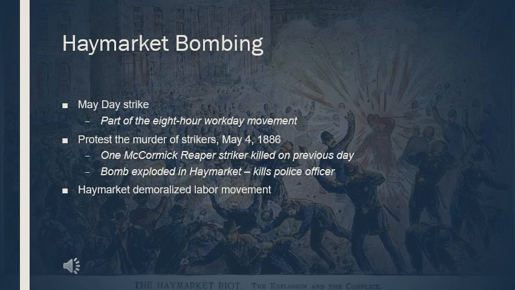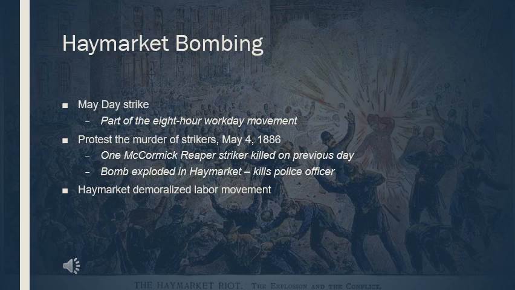They bring together about 8 anarchists, one of which was Albert Parsons, who was one of the key Chicago leaders of the labor movement. And they charged them all with conspiracy of death. Albert Parsons wasn't even present at the bombing, but he was charged with conspiring to provoke violence.